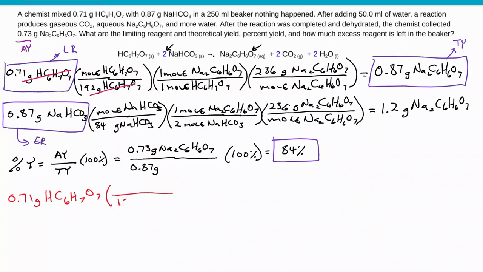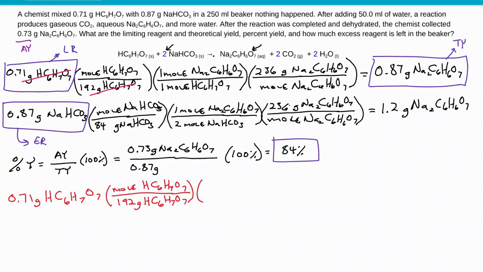So 192 grams. Whatever unit's on top, put on the bottom. Yes, I repeat myself a lot, but that's to get people to actually physically do things. A lot of folks like to do shortcuts. So mole HC6H7O7.